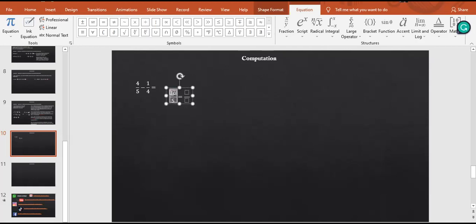Right, so 16 over 20 minus 5 over 20. Great. What's next?